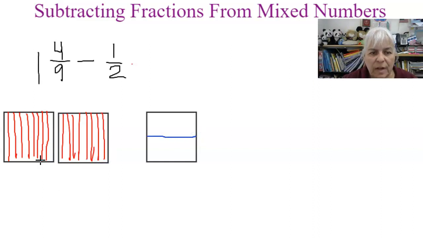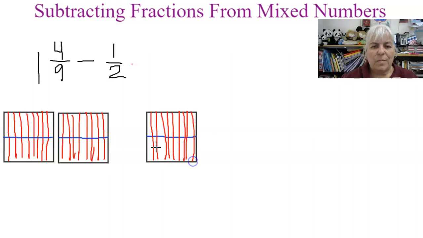Okay, so I have 9ths and 1/2s. Now I'm going to take those lines, put them on the other model. Okay, my lines aren't too straight this time, but I've got 18ths because I've got 9 sections and I split them in half to get 18.